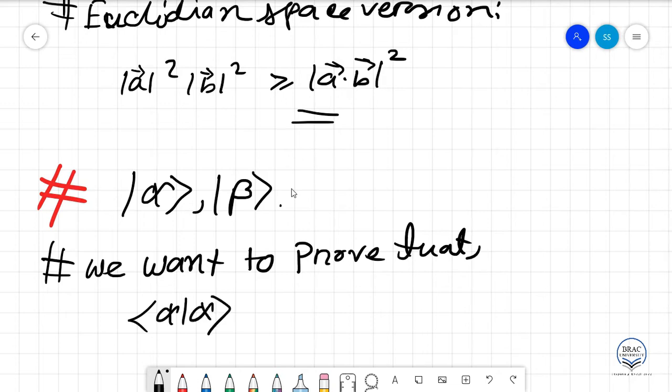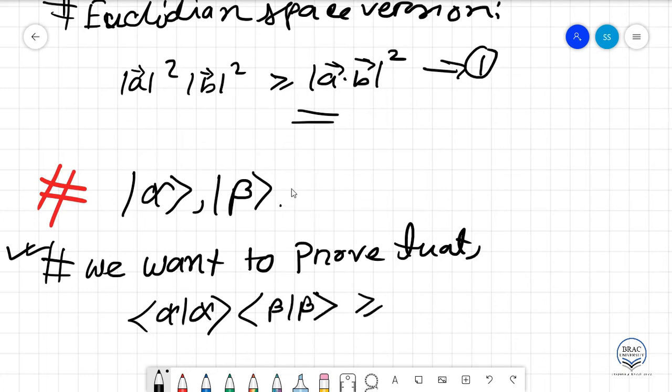it will be analogous to this, that is equation 1. This thing over here, we want to prove that this will be analogous to 1. So the first thing is the modulus square of alpha, that is alpha inner producted with itself. Then we'll have beta.